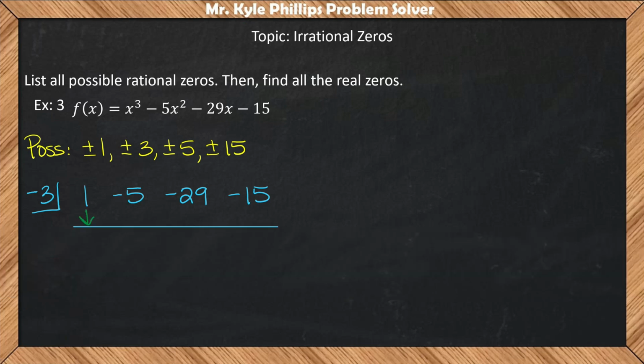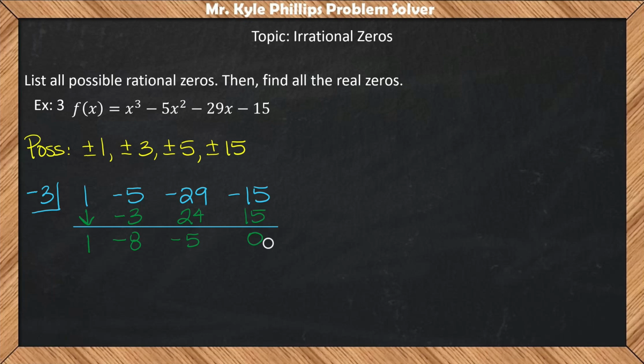Remember, the first term always comes down. So -3 times 1 is -3. Here you'll add. We'll multiply, we'll add, and then we will multiply one last time.